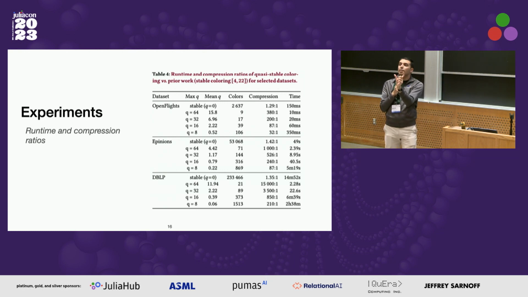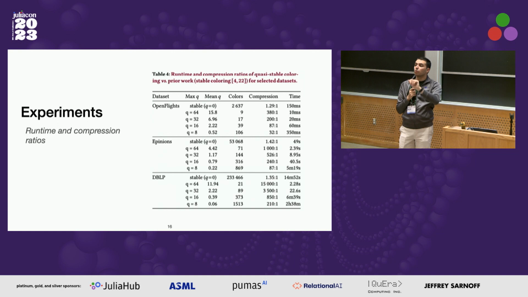So between any two colors, say the red color, if you look at two nodes in the red color, the number of edges they will have into green will differ by, on average, 0.06 edges. So the average performance we see is quite a bit better than the bounds require. Cool.